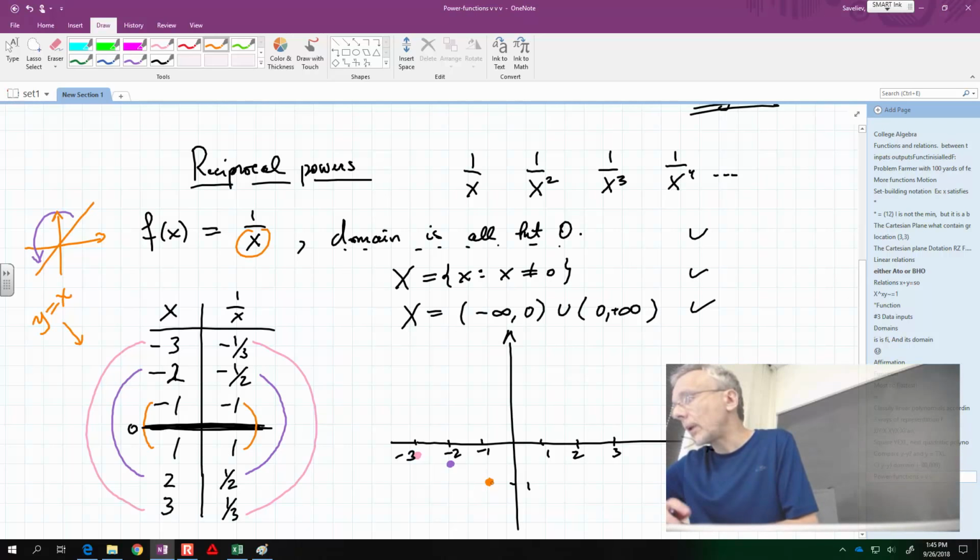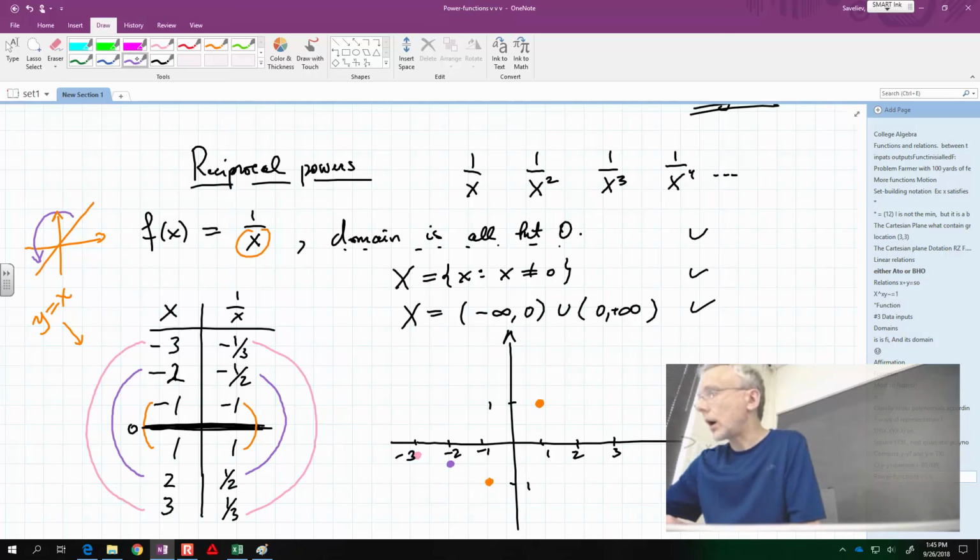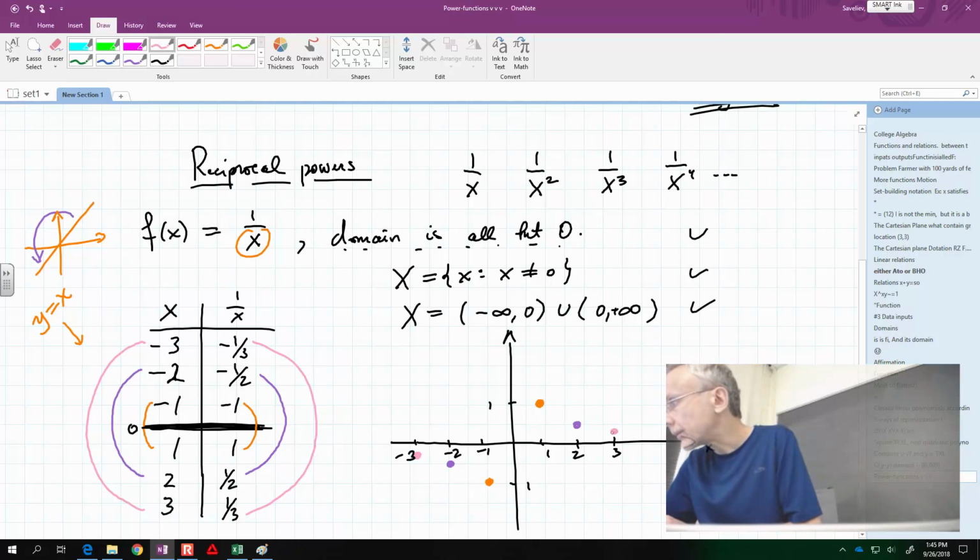Everything is symmetric. So the point is 1, 1. Then it is 2 and 1/2, and it is 3 and 1/3 over here somewhere. Okay, so that's my graph.